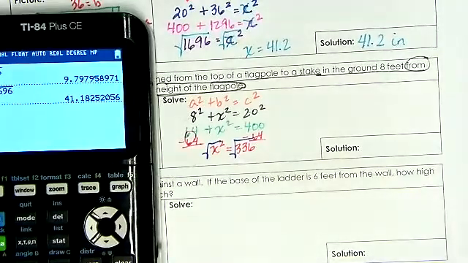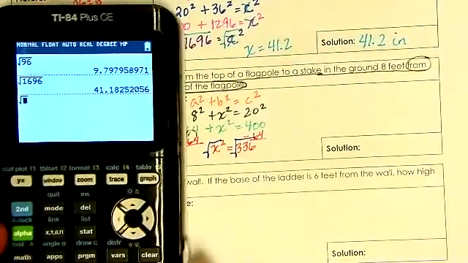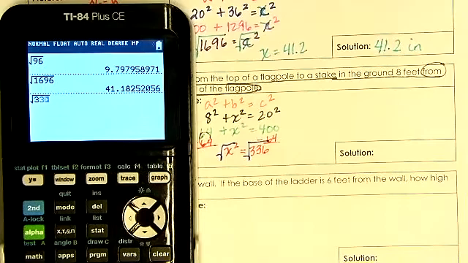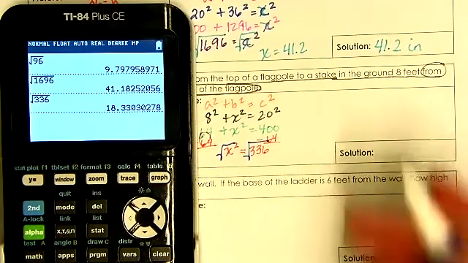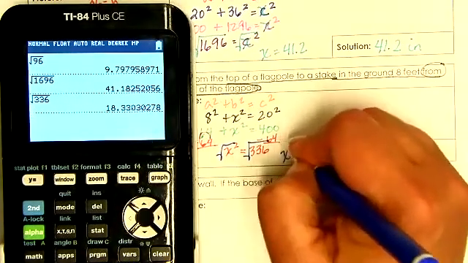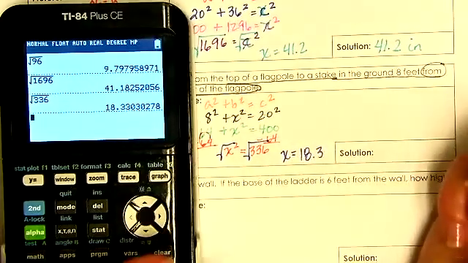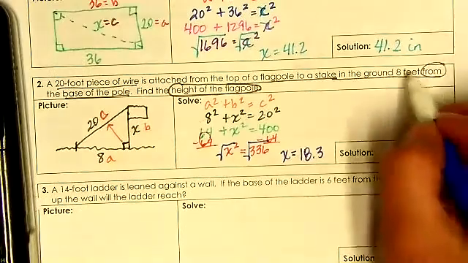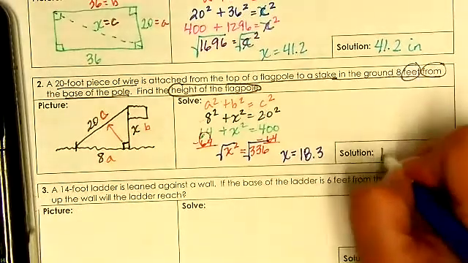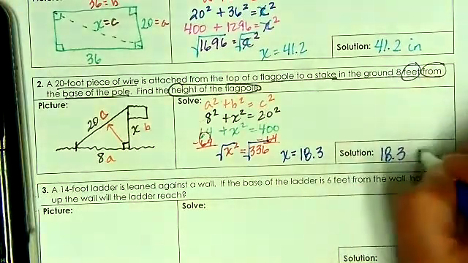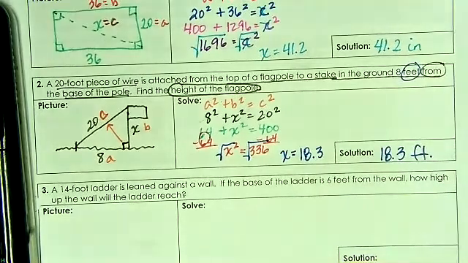So I plug in here, second square root, 336, enter. We're rounding to the tenth place. So we get that X equals 18.3. Now, what's our units that we're dealing with? Feet. So we're going to have 18.3 feet.